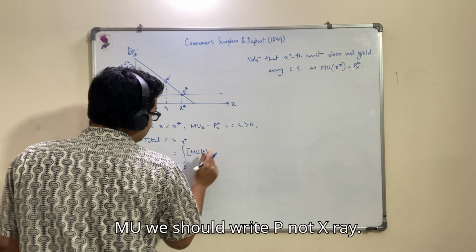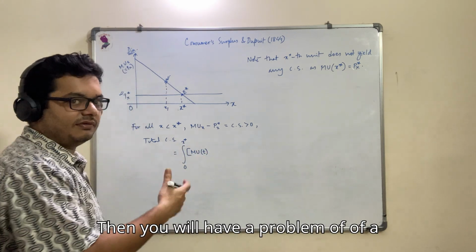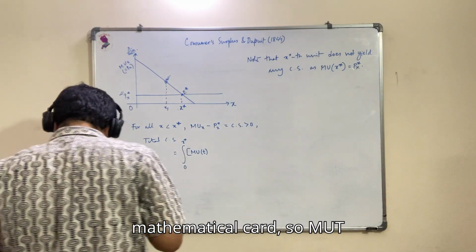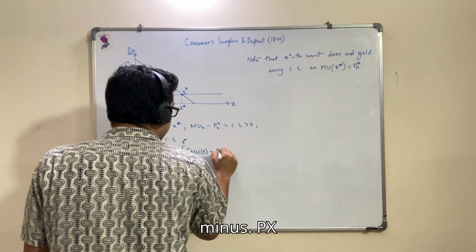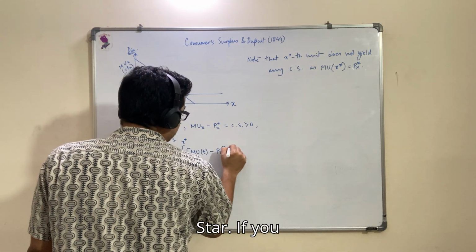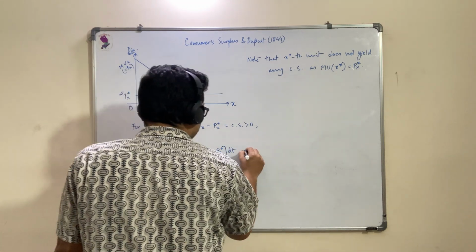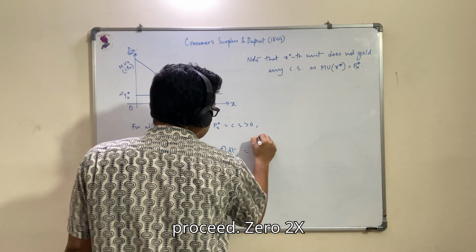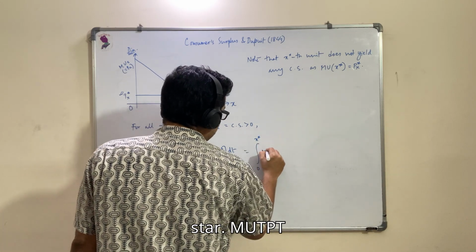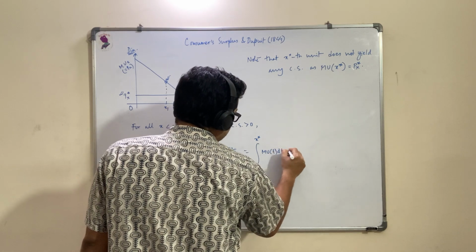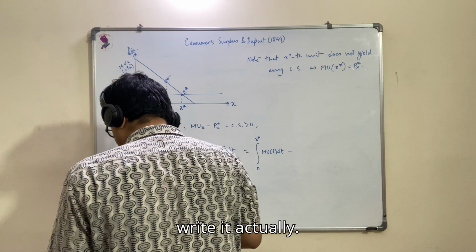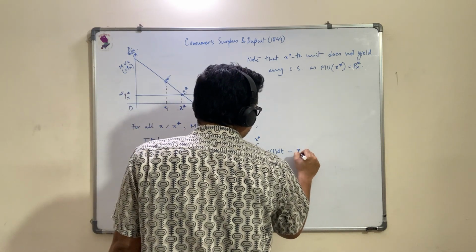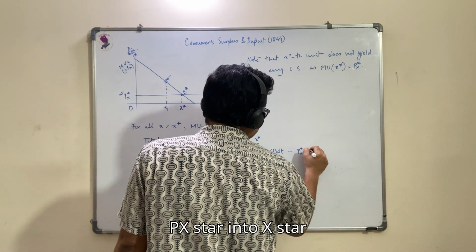of MU, we should write t, not x really, then we will have a problem of a mathematical kind. So MU t minus Px star dt, and if you proceed, 0 to x star MU t dt minus, you can just directly write it, actually, Px star into x star.